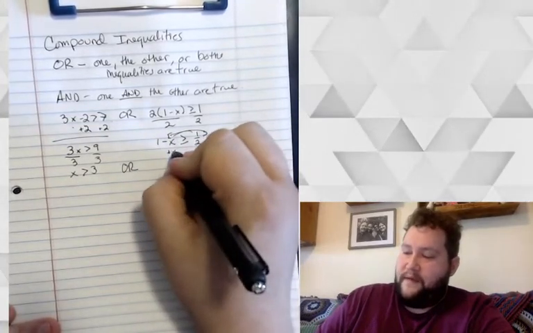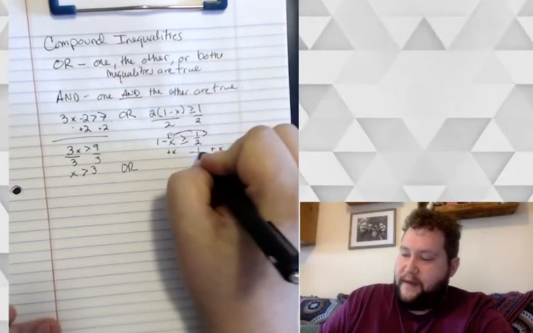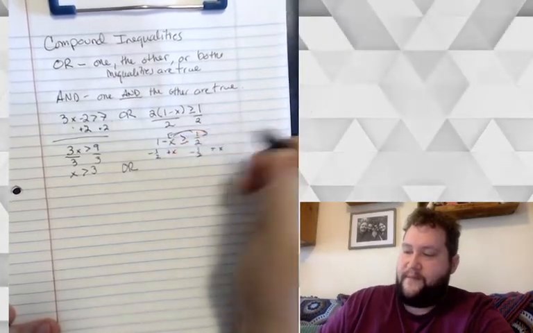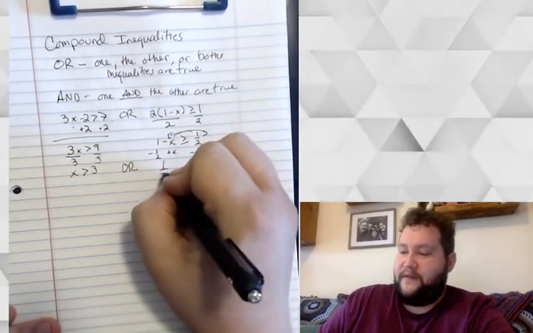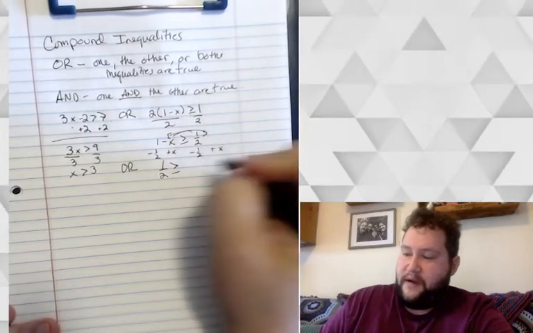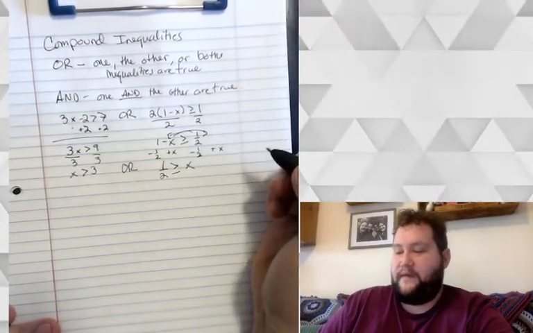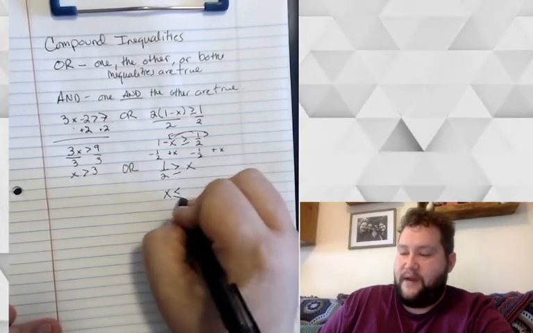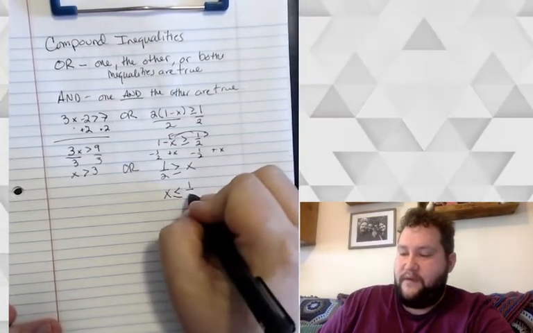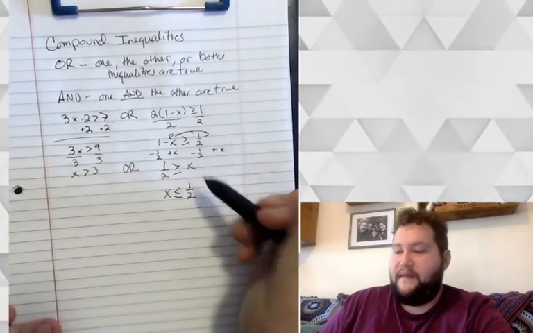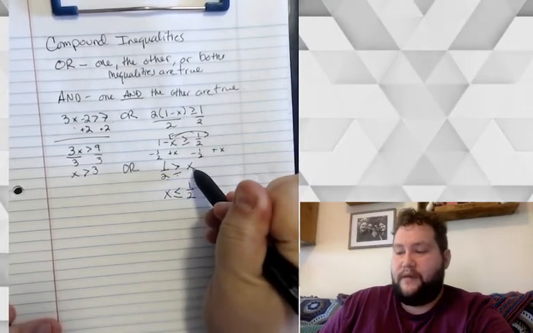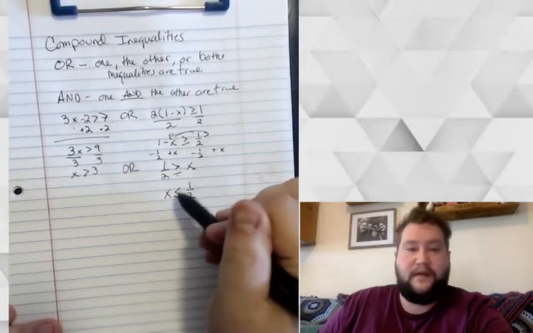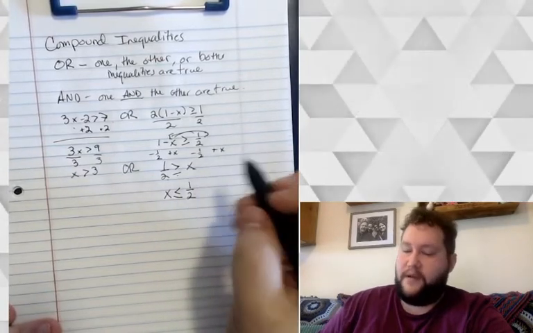So add x, minus a half, minus a half. 1 minus a half leaves us with a half is greater than or equal to x. And because my brain likes to see the x on the left, I'll rewrite it as x is less than or equal to 1/2. Because that's the same as 1/2 is greater than or equal to x. But this one just kind of helps me see it better for the number line.